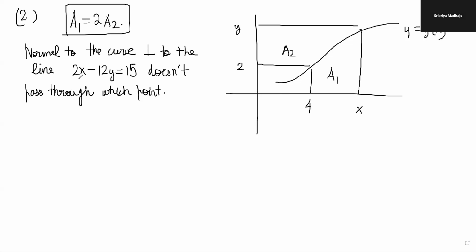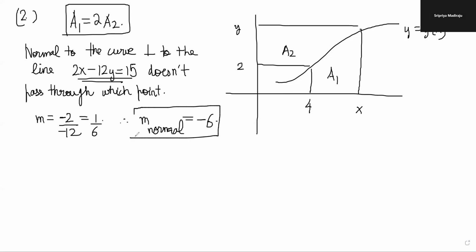First of all, this line has slope of minus 2 by minus 12, so 1 over 6. Therefore, the slope of the normal should be negative 6. So we want the normal to the curve y is equal to y of x such that its slope should be negative 6.